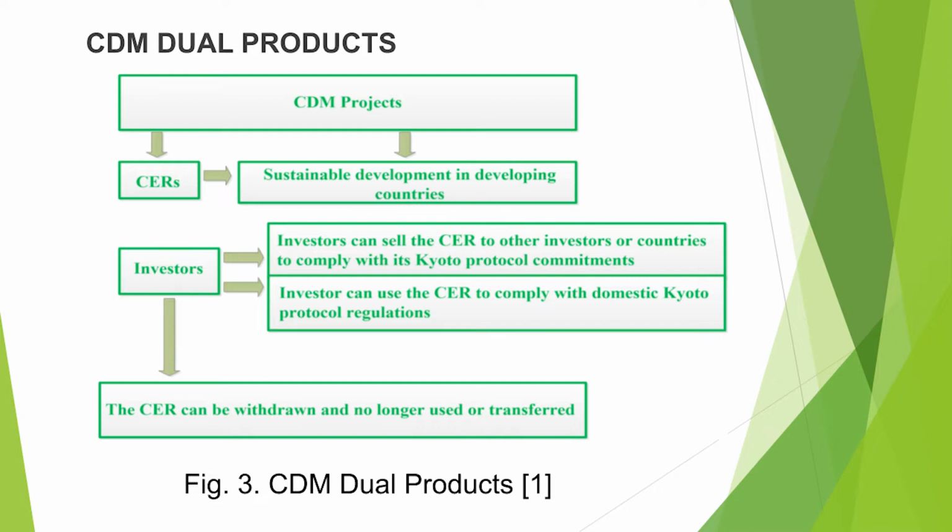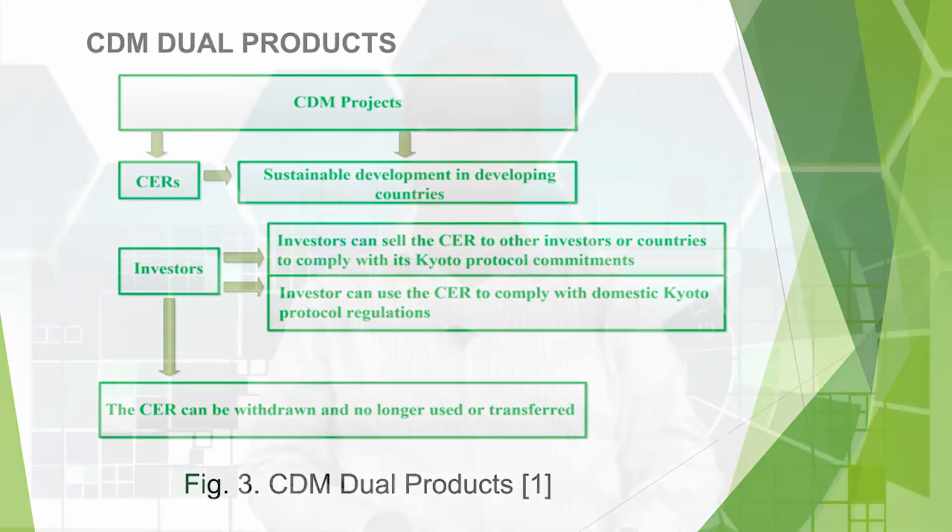On the left-hand side at the bottom, you can see the investors. The CERs can be withdrawn and no longer used or transferred, but investors can sell the CERs to other investors or countries to comply with the Kyoto Protocol commitments. The investor can also use the CER to comply with domestic Kyoto Protocol regulations.